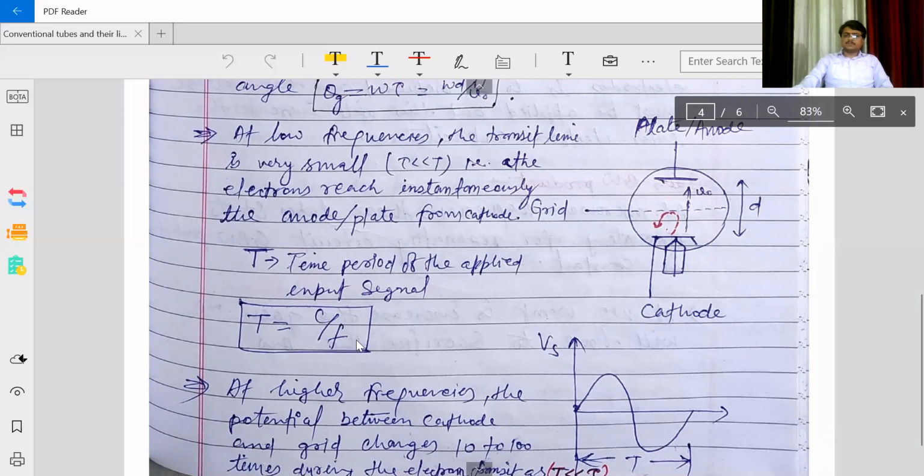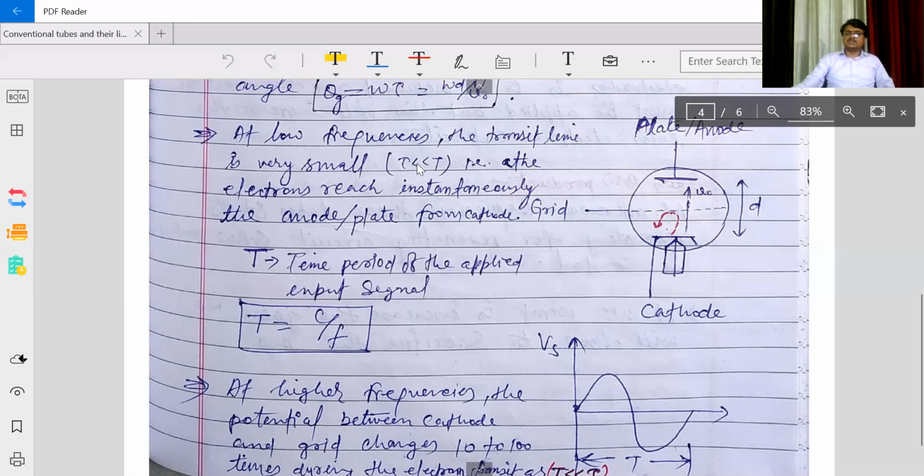So if this F is very small, T will be large. If this capital T is large, then tau is smaller than T, because at lower frequencies T is very large.